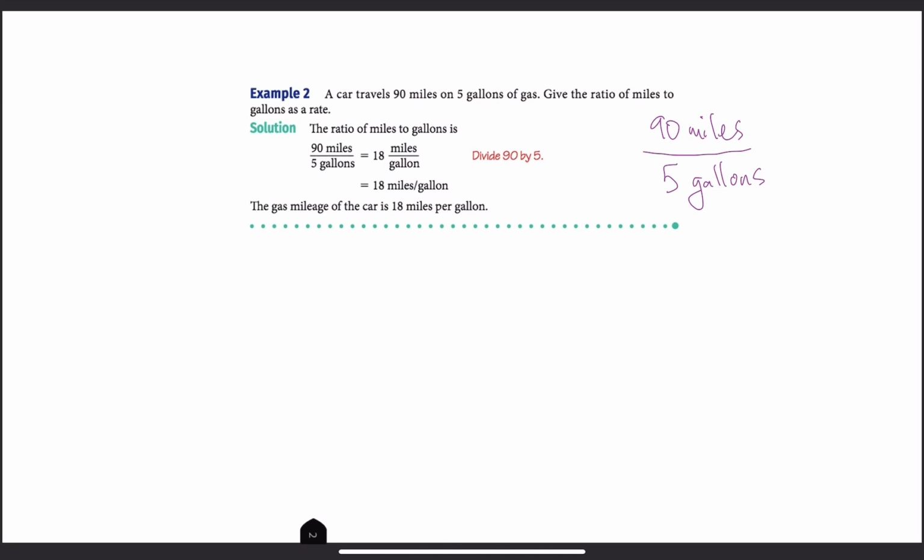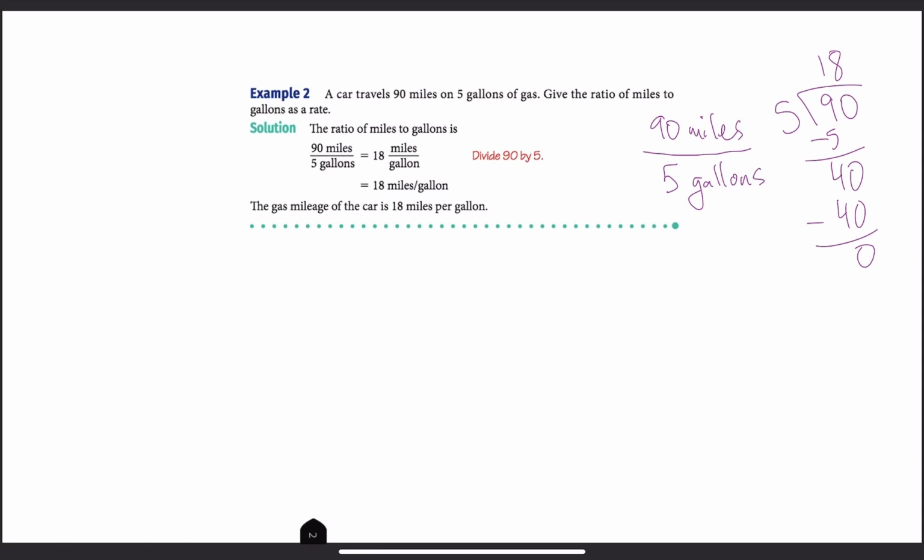You want to do the division, get a 1 as your denominator, and then that'll be absorbed in the expression of the units, right? Because it's per unit. So let's go ahead and do this division. 90 divided by 5 goes into 9 once, and it goes into 40 8 times with no remainder, so 18.